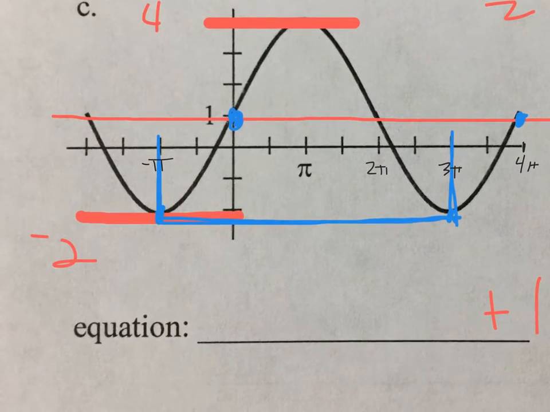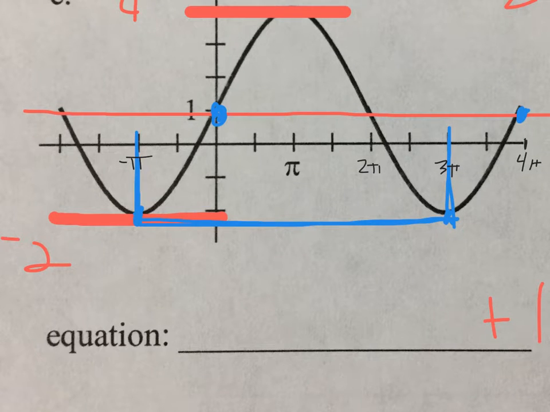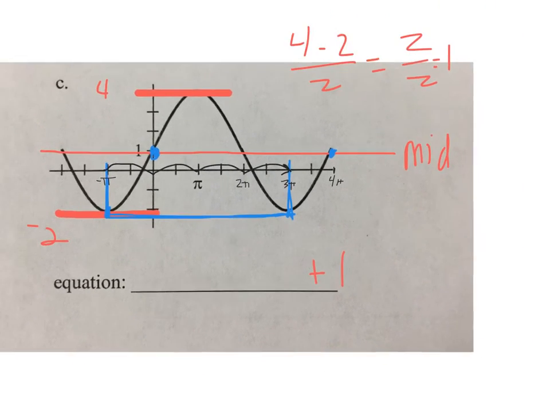So if I am labeling my things in terms of pi, I need to count how far it is. So there's 1 pi, 2 pi, 3 pi's, 4 pi's is what it takes for one minimum to match up with the other minimum.